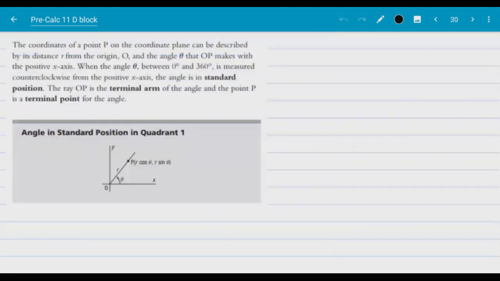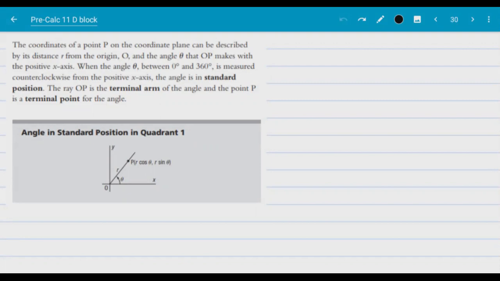The coordinates of a point P on the coordinate plane can be described by the distance r from the origin and the angle theta that OP, all right, OP would be this line segment, makes with the positive x-axis when the angle theta between 0 and 360 is measured counterclockwise. So when we measure angles, positive angles are measured counterclockwise.